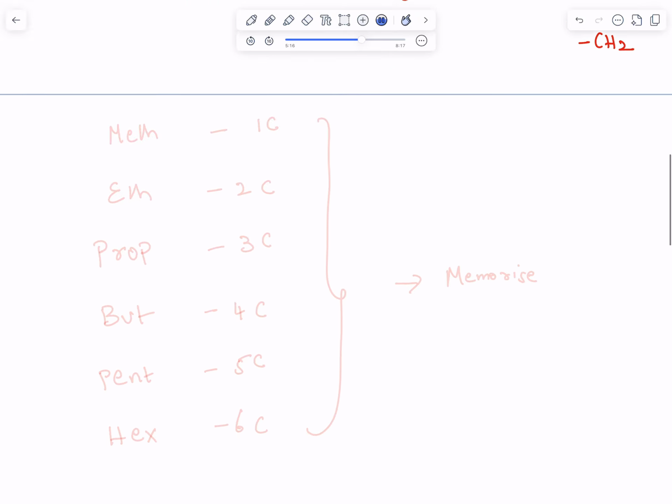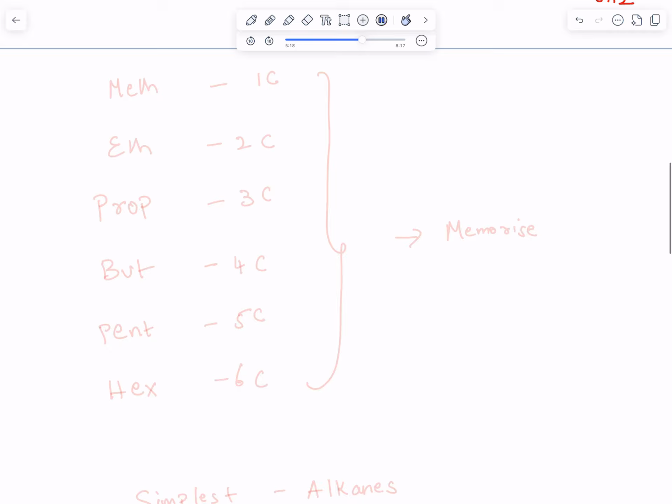Now, when naming organic compounds, it is very important to learn the basics: the naming of carbon compounds is all dependent on the number of carbons in that compound. So now let's look at some basic rules for this. Chemists all over the world use some prefixes.